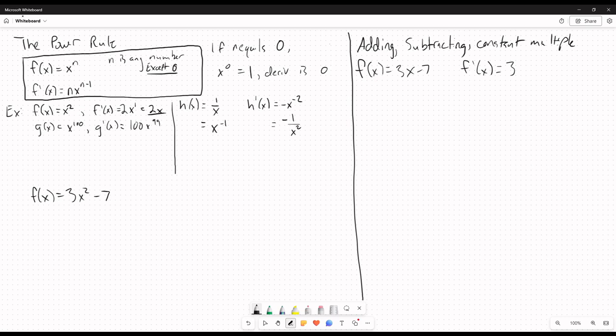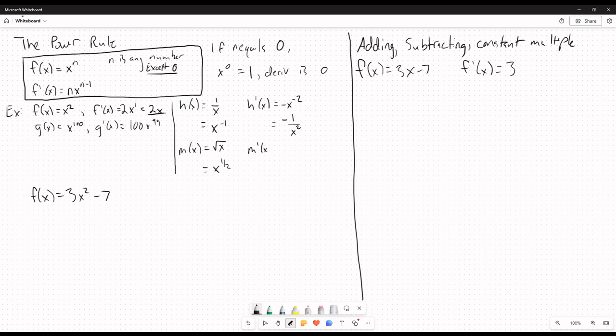What if we had m of x equal to the square root of x? Well, how can I write that as a power? The square root is just x to the power of 1/2.